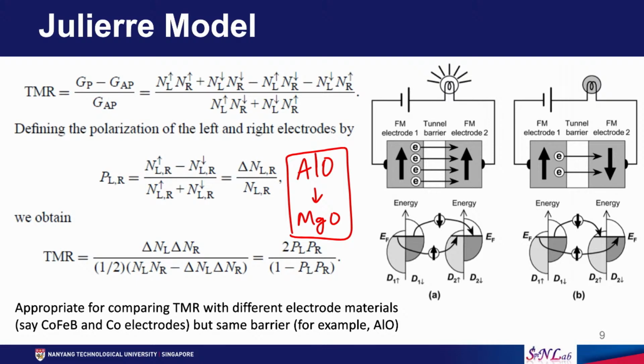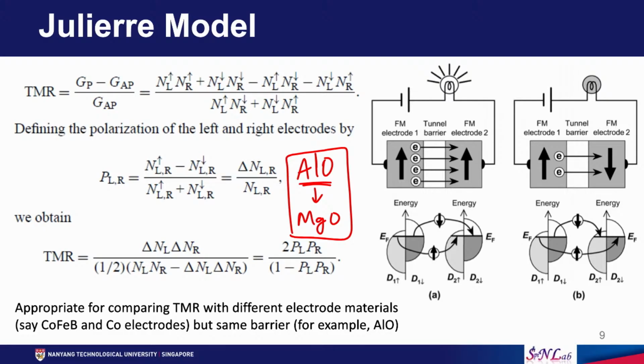Okay, so, the theory behind an aluminum oxide kind of tunnel barrier can be explained using the Julliere model. So, we briefly saw this during our TMR sensor theory part.